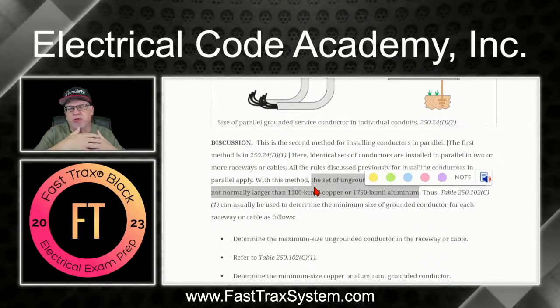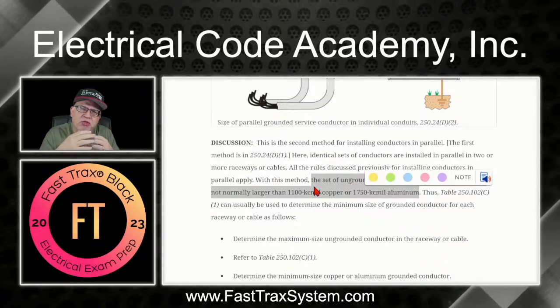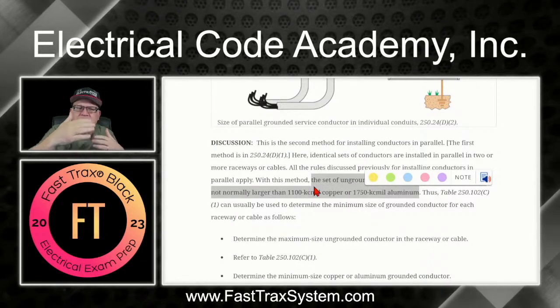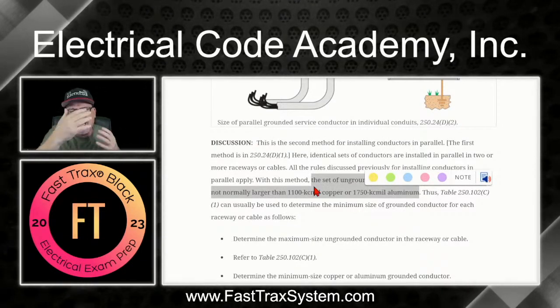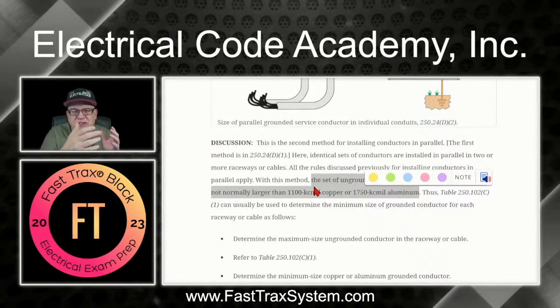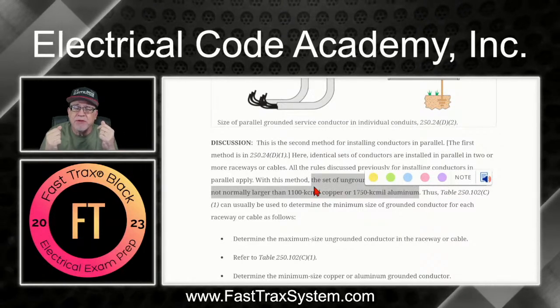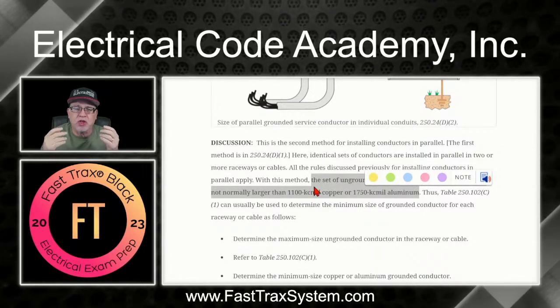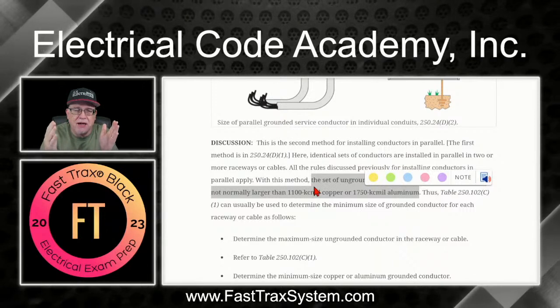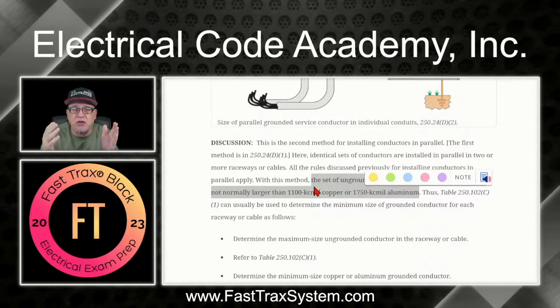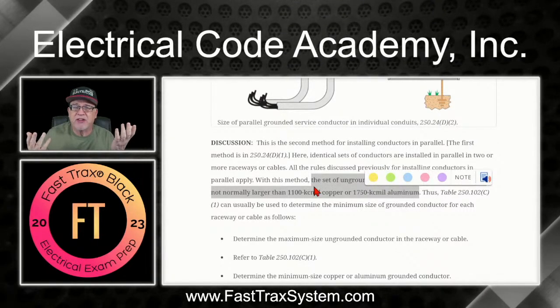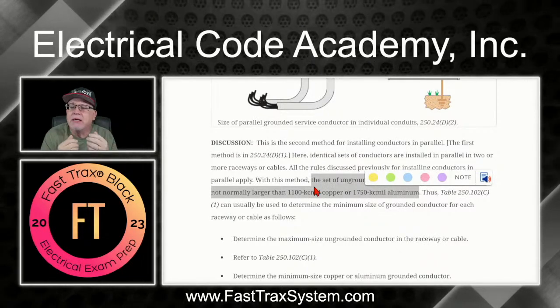Rather than go with really big conductors, we go with paralleled sets, which are smaller conductors, where you add all the A phases together, for example, and it acts like one larger conductor. Provided you follow all the paralleling rules, the current will divide evenly amongst all of those conductors run in parallel. That's why we do it.